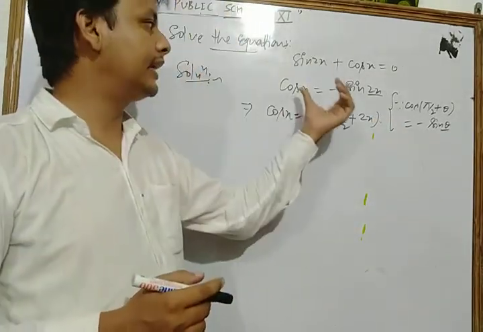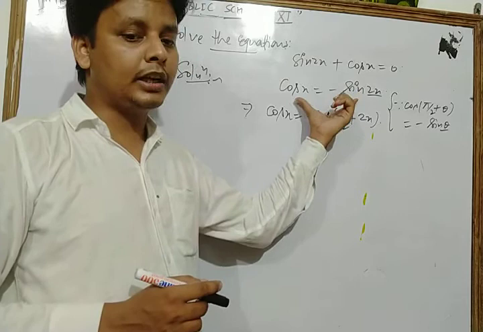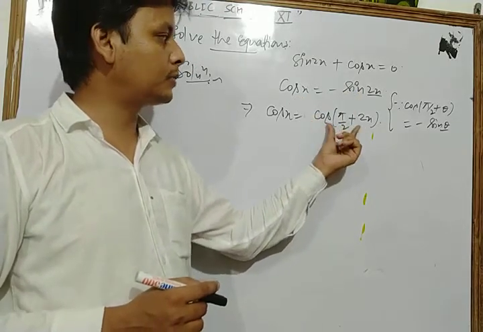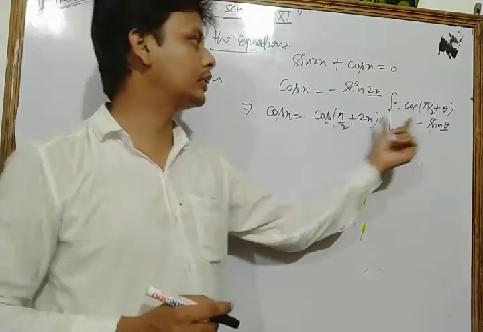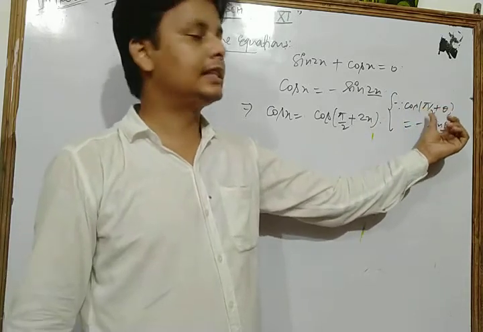Dear students, we write that equation in that way, that is cos of pi by 2 plus 2x, because we know that cos of pi by 2 plus theta is what?